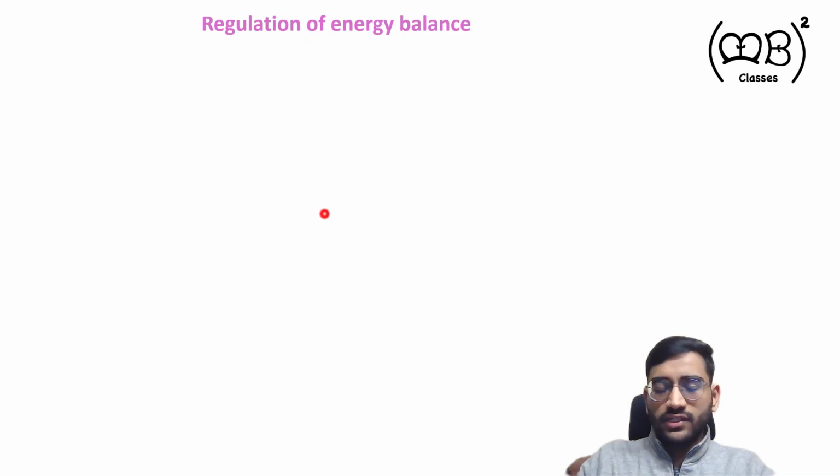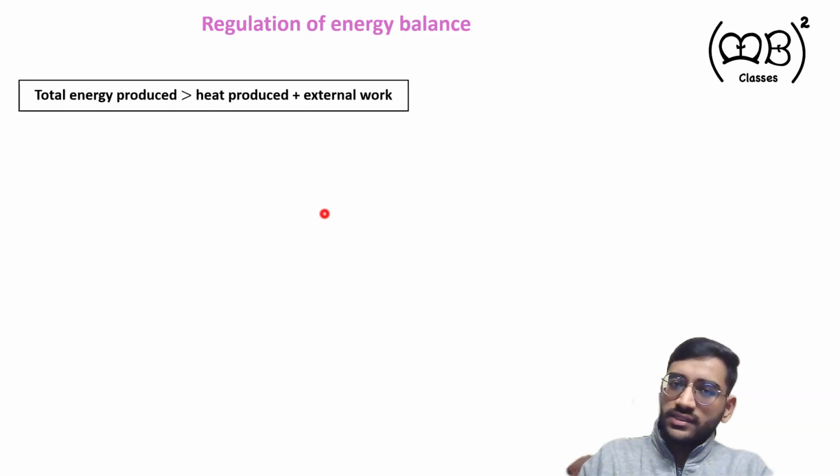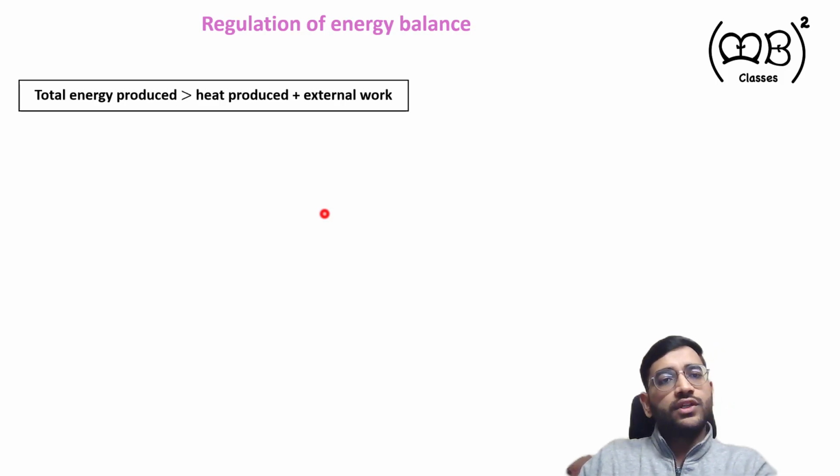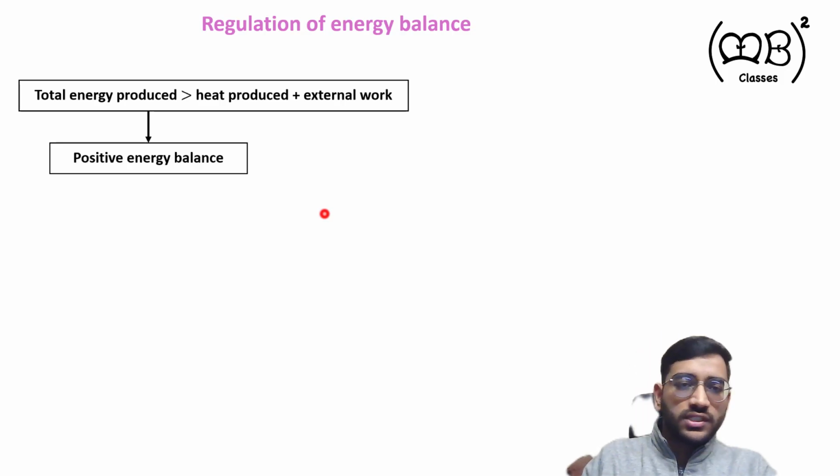Regulation of energy balance: like we discussed, total energy produced can be utilized as heat production or external work. If you are consuming more food and producing more energy than you are utilizing in heat production or in external work, like physical activity, then there would be a positive energy balance.